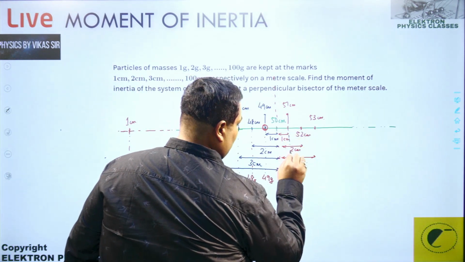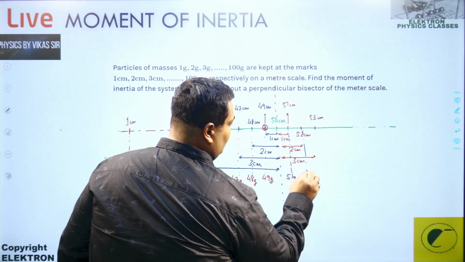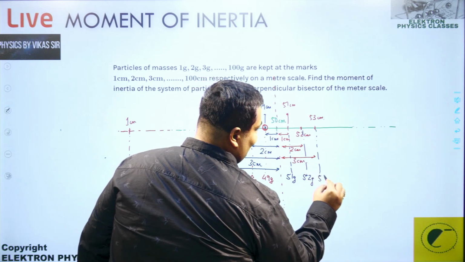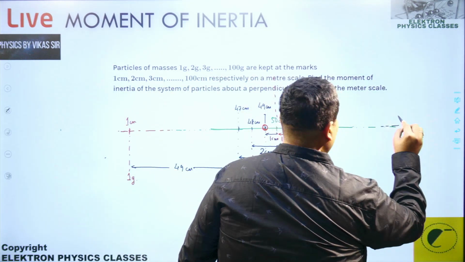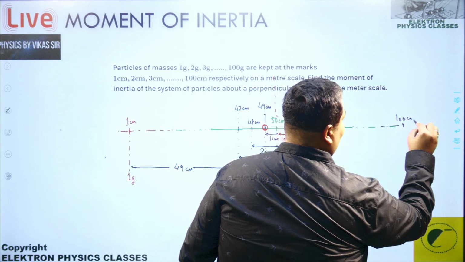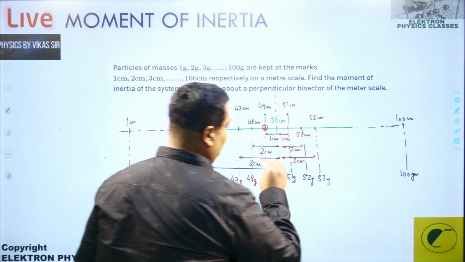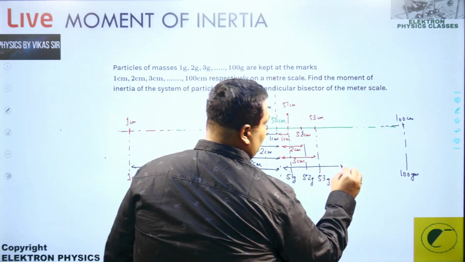And further, over here, we have 51 gram. Over here, 52 gram mass. Over here, so on, 53 gram mass. And the last one, over here, somewhere, that is a 100 centimeter mark. And the particle over here is of the 100 gram. And the distance of that particle from here should be 50 centimeter.